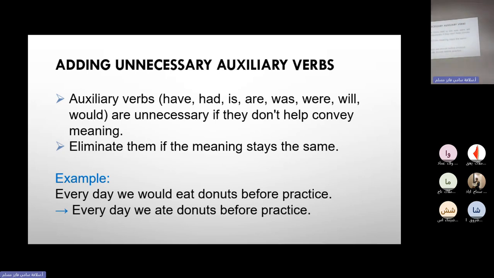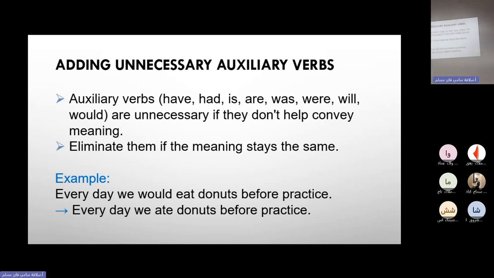Malak Naji, can you give an example? Yes, Malak, read the example. Okay, every day we would eat donuts before practice. Every day we ate donuts before practice.